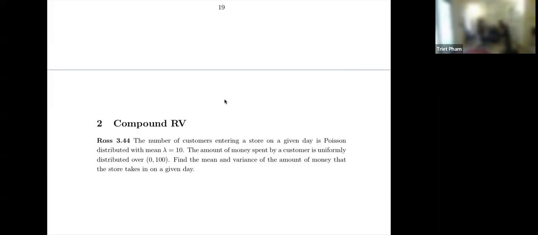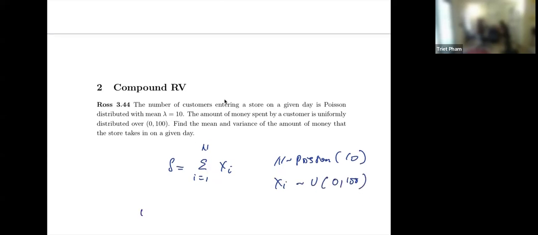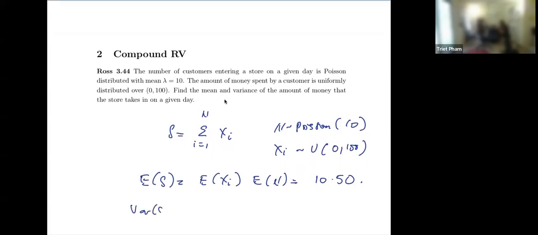All right. So I hope we realize that this is really just about the compound, right? It's really just applying that formula, if you memorize it correctly. So variance times expectation plus expectation squared times the variance, right?